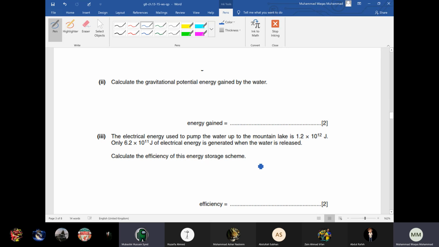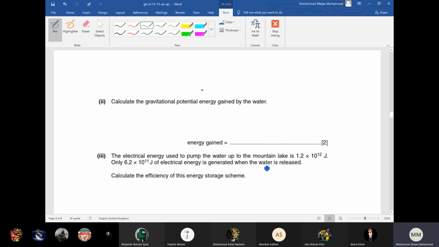Beta, calculate the gravitational potential energy gained by water. So beta, gravitational potential energy gained. What will be the formula? mgh.